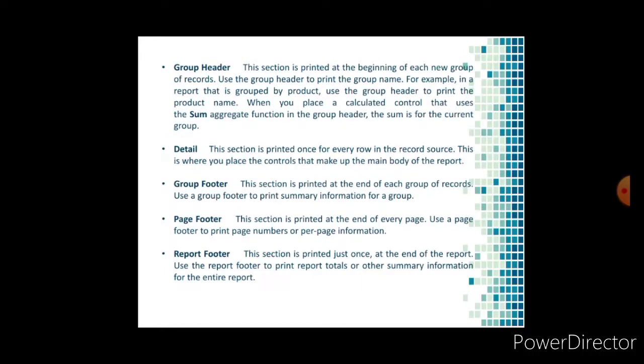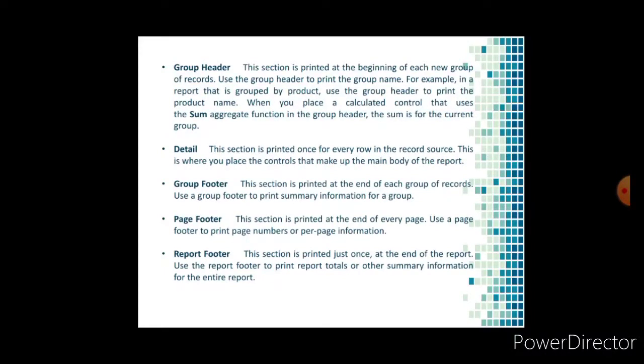Use the group header to print the group name. For example, in a report that is grouped by product, use the group header to print the product name. When you place a calculated control that uses the sum aggregate function in the group header, the sum is for the current group.